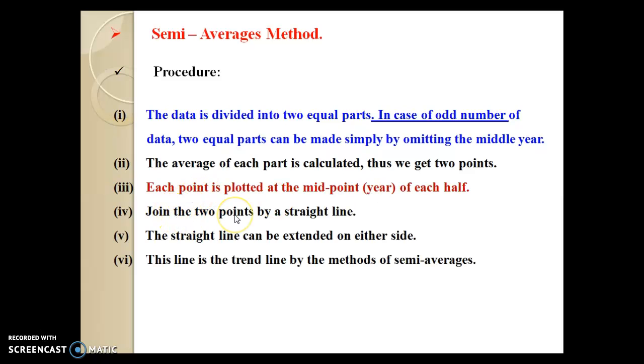Join the two points by the straight line as per the previous method, that is graphic method. The straight line can be extended on either side. Last, this line is the trend line by the method of semi-average. All these procedures are called the semi-average method.